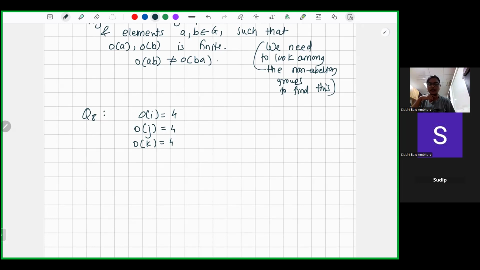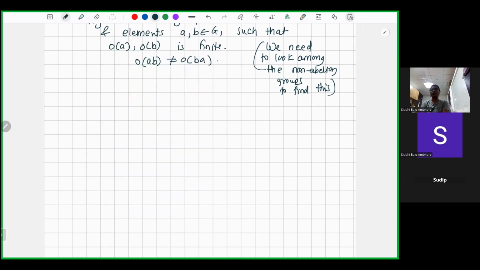This is 1, minus 1 and i, j, k. The order of k and minus k is the same there, so it won't be much of a help.